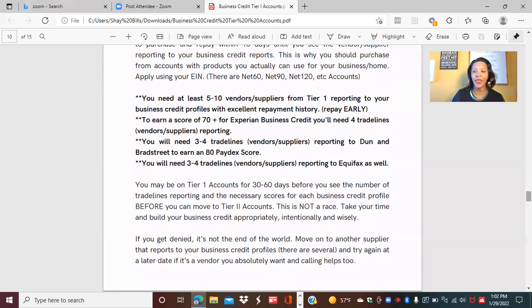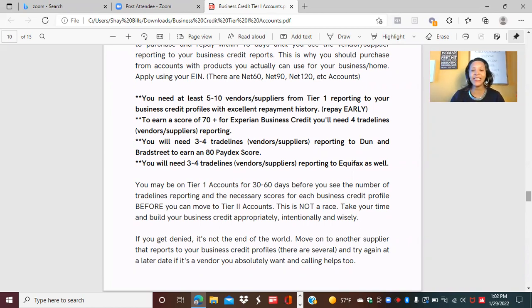You can select another one that reports to just Dun & Bradstreet and Experian, okay? What I want you to understand is that you should not have 15 to 20 different vendors when you're trying to keep up with payments and schedules and when to pay back. That will get hectic.